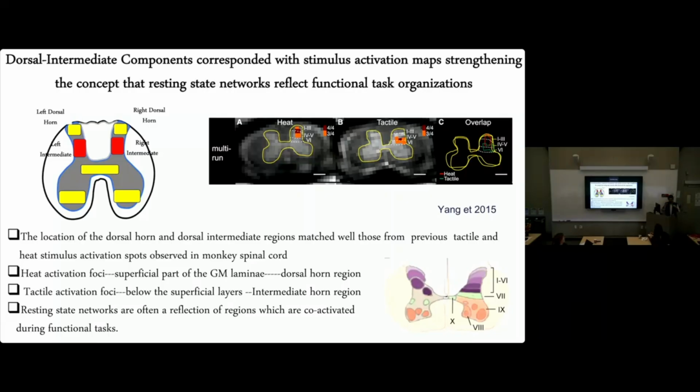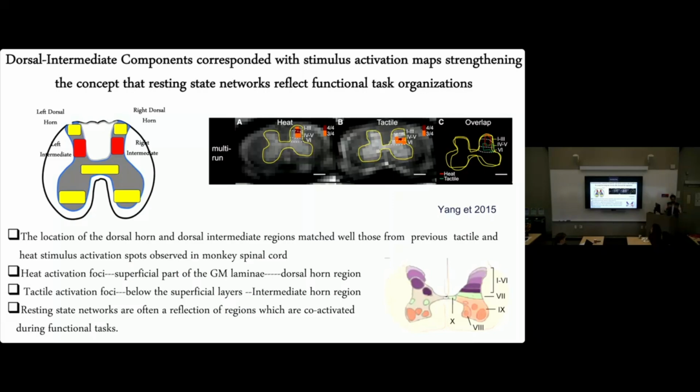Heat stimulation activates the superficial layers of the dorsal horns, whereas tactile stimulation activates the lower part of the dorsal horn regions, just below the superficial layers. This is exactly where we also obtained two functional networks in the monkey spinal cord using resting state data.